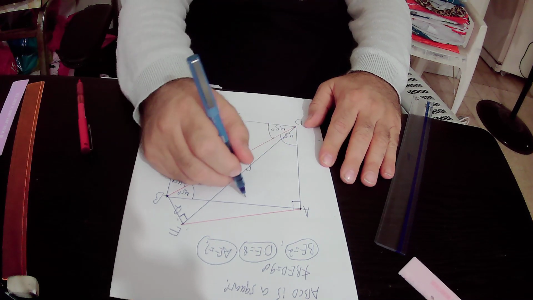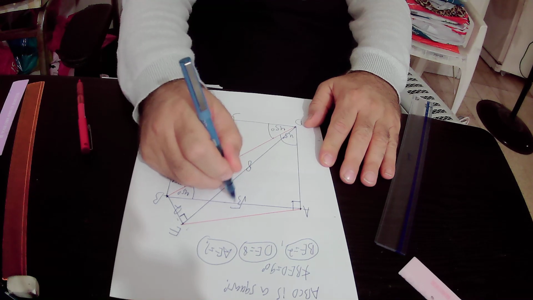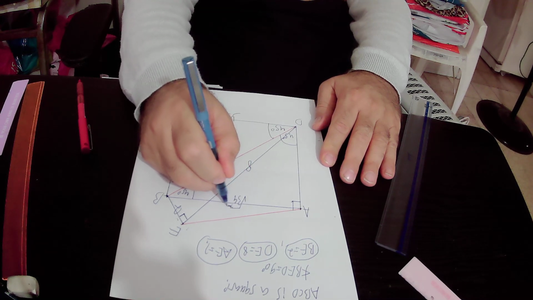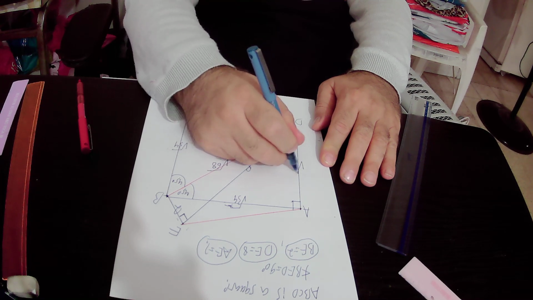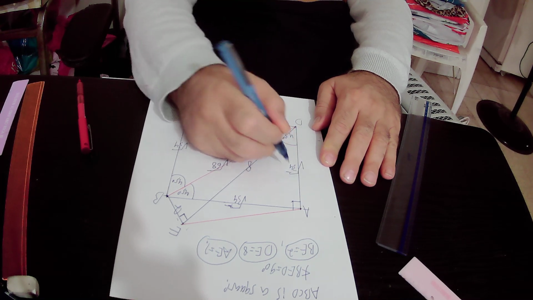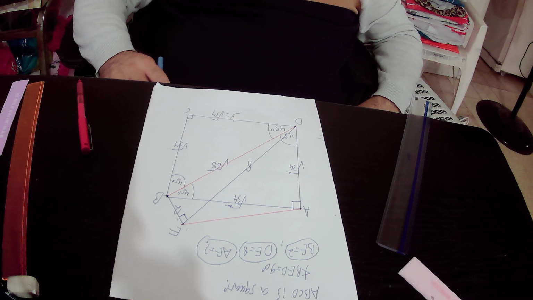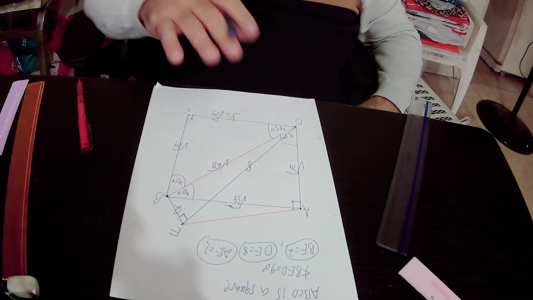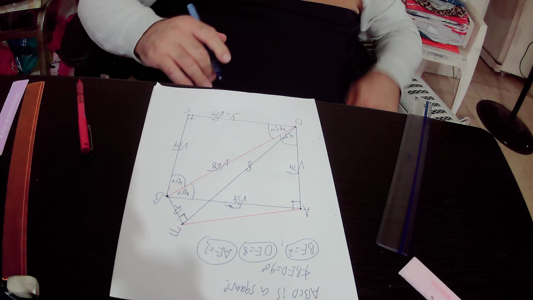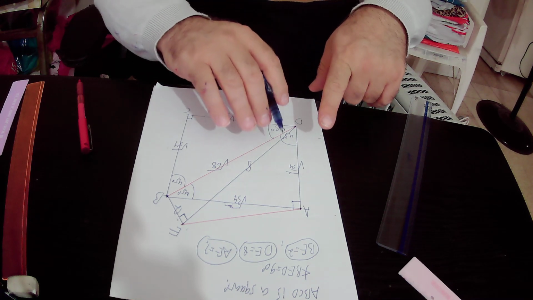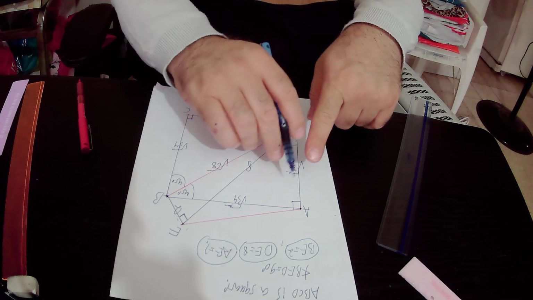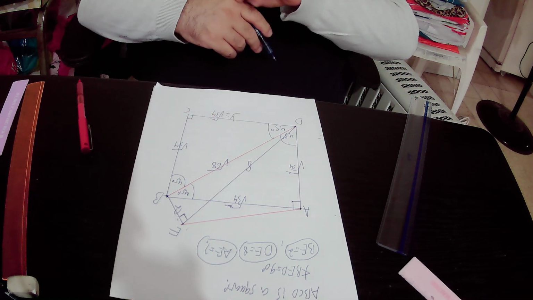AB equals the square root of 34 units. And AD equals the square root of 34 units. Okay, so we actually know the values of all the sides and line segments in this drawing, and the only missing variable is the size of line segment AE that we are looking for.